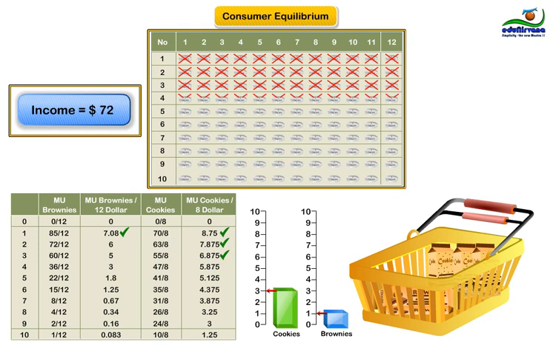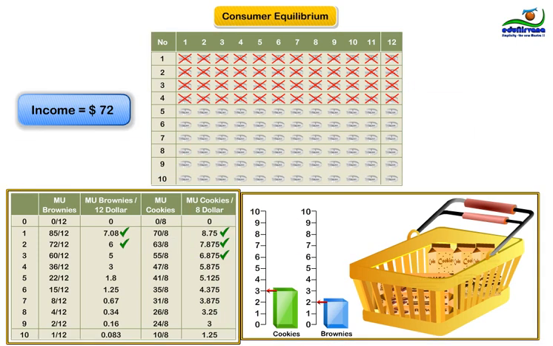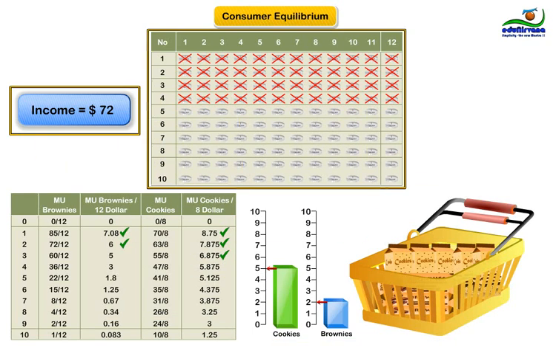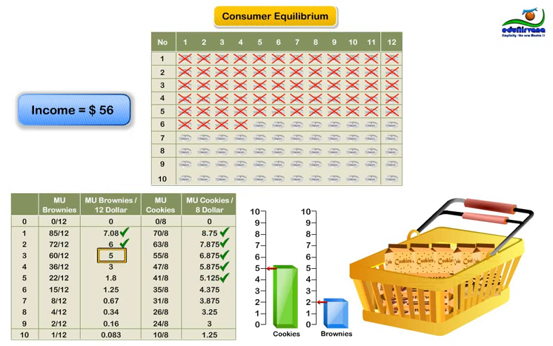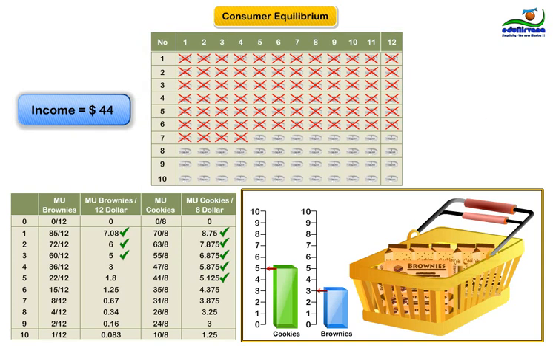Total spending rises by $12 to $48. Next will be the fourth and fifth packets of cookie, which raise the spending by $16 to $64. Next will be the third unit of brownie, which raises the spending by $12 to $76.